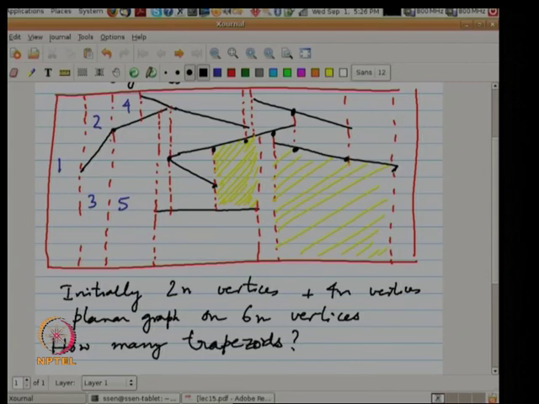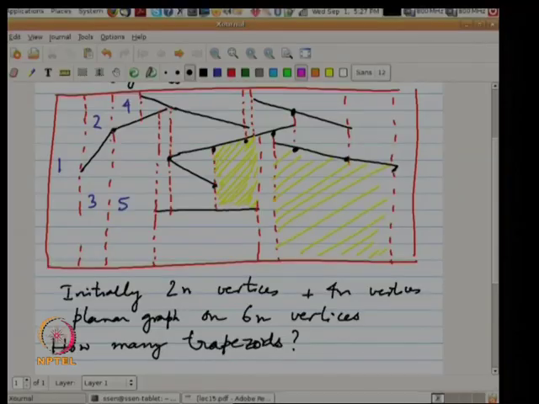Well, if you go by our asymptotic arguments, it will be some big O of n. The vertices and faces and edges are all related linearly. So, certainly no more than some constant times n trapezoids, but you can probably do a better counting.